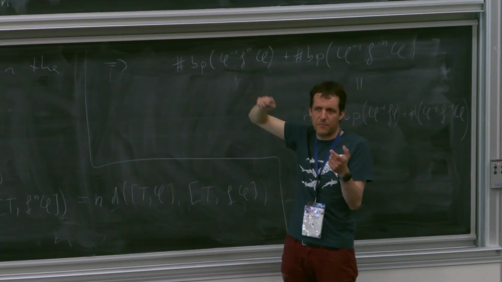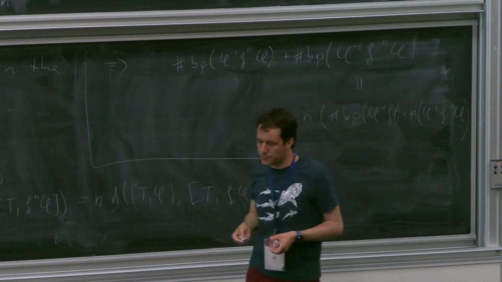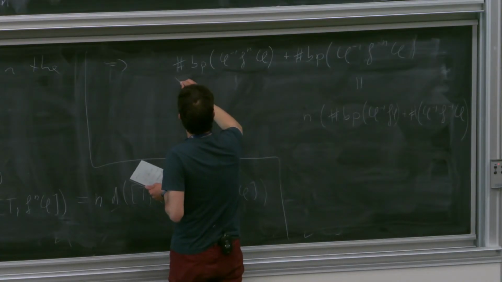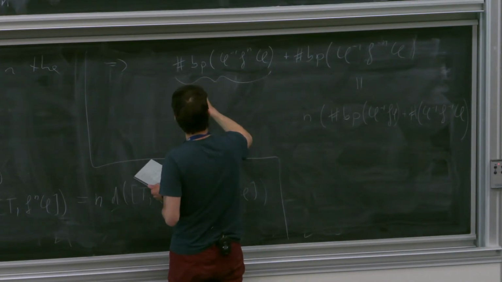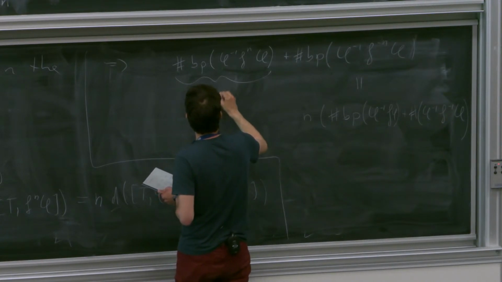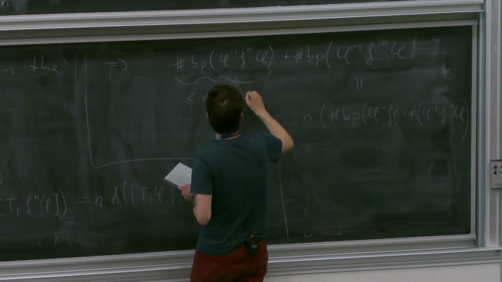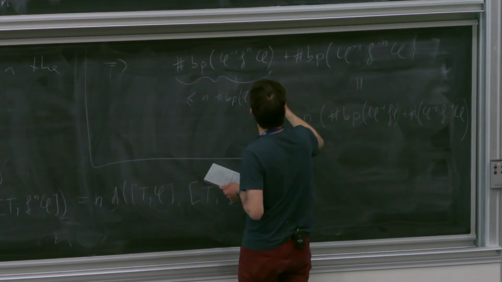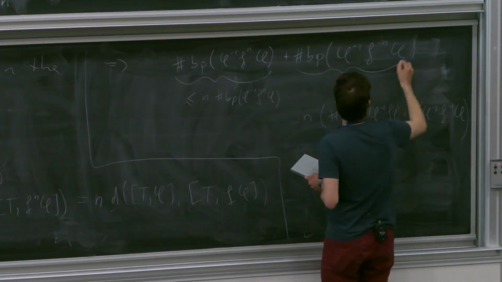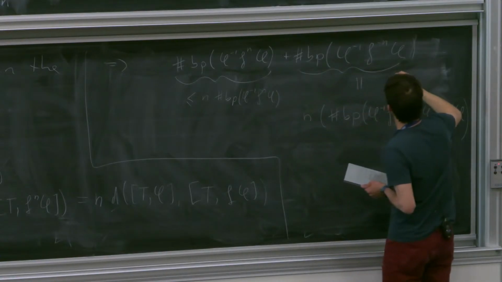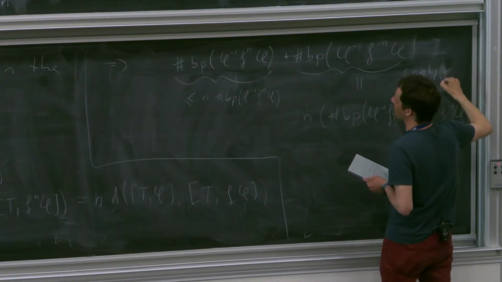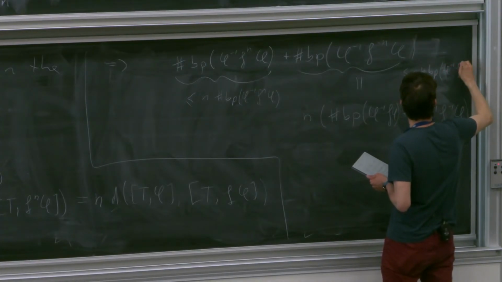There could be simplifications, but it cannot have more base points. So this one is smaller or equal to n times the number of base points of phi inverse f phi, and this one is also smaller or equal to n times the number of base points of phi inverse f to the minus n phi.